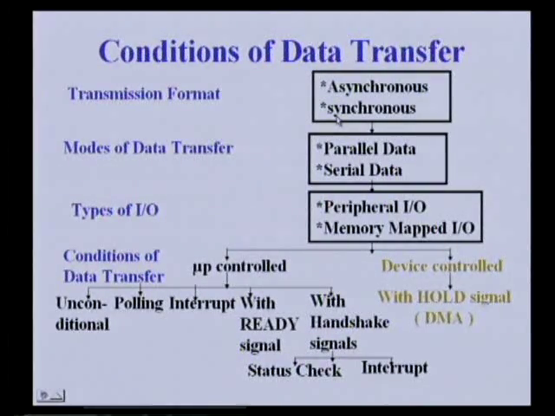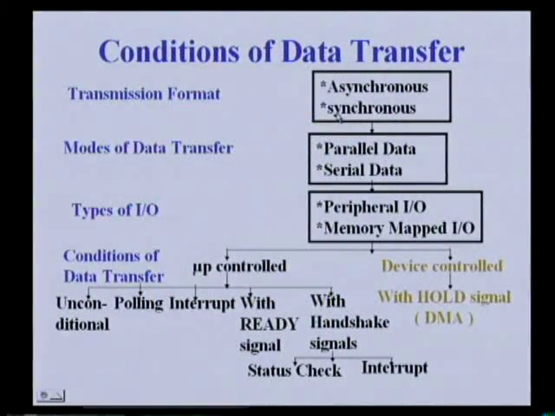In synchronous, the meaning of synchronous is at a time. In this method, data transfer between processor and peripheral will be done at a time. For speed data transfer, this method is used.